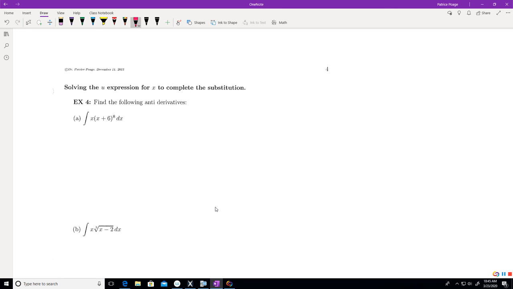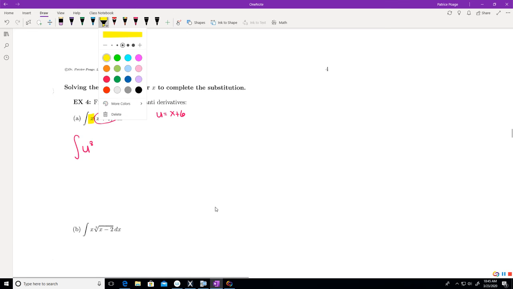All right, so what I'm going to do is my typical U-substitution, or start off that way at least, and I'm going to let my u equal the stuff being raised to the power. So I can replace that part right there with u to the 8. Now I still need to replace the x and the dx. You might notice I highlighted them different colors this time because I already know what's going to happen.